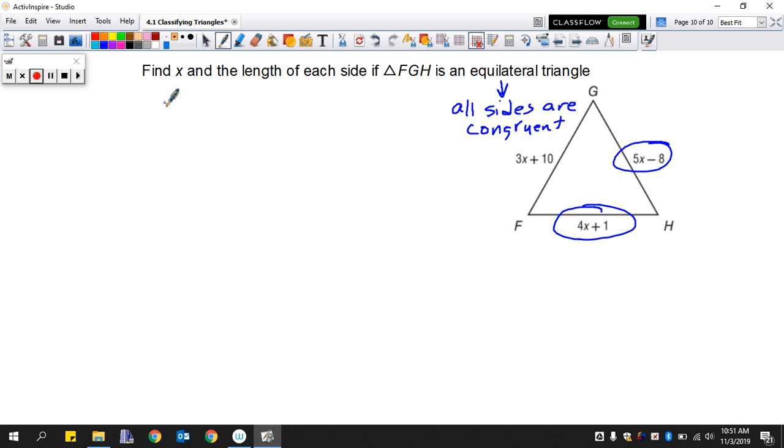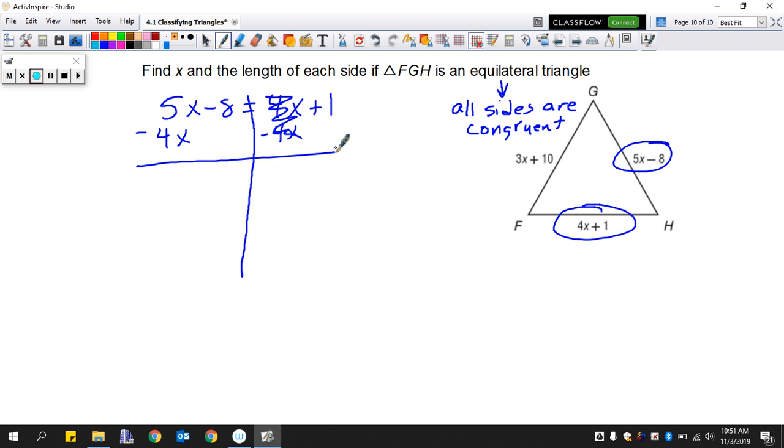So once again, we plug them in. So we got 5 times 9 minus 8. 5 times 9 is 45. 45 minus 8 is 37. All right, so all sides should be equal to 37, but let's just plug it in.